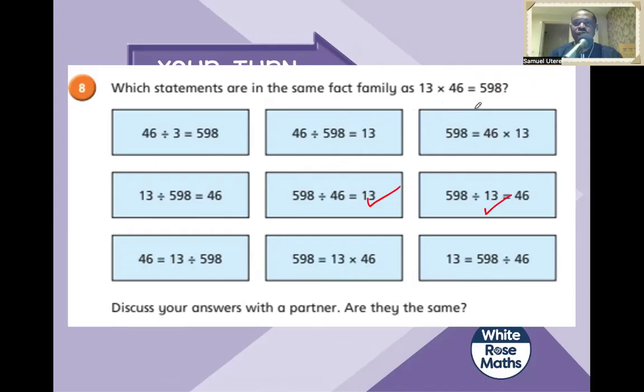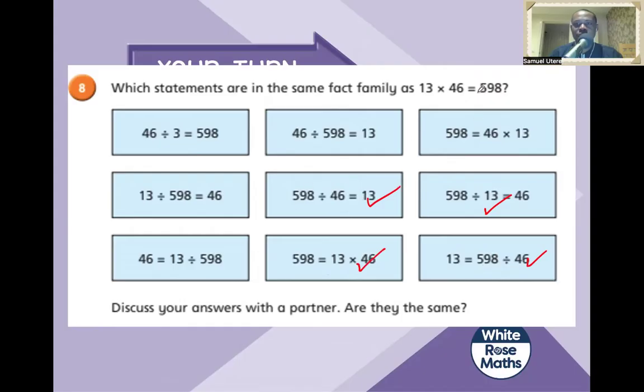Another one could be, let's see, 46 times 13 is equal to 598. Yeah, that one. This one is also another fact family, it's just moved around.